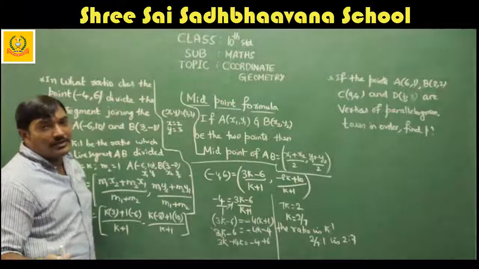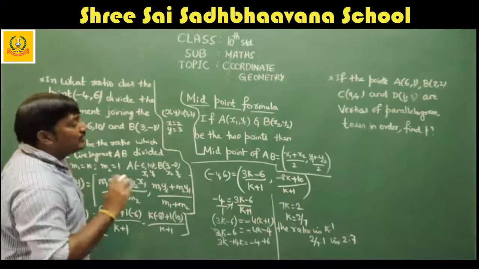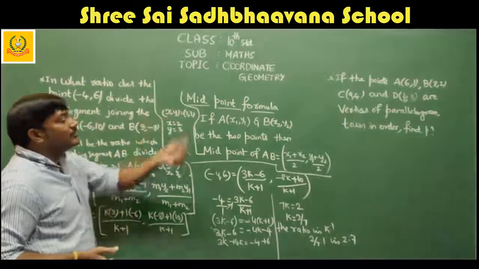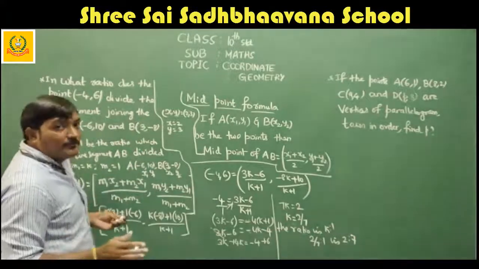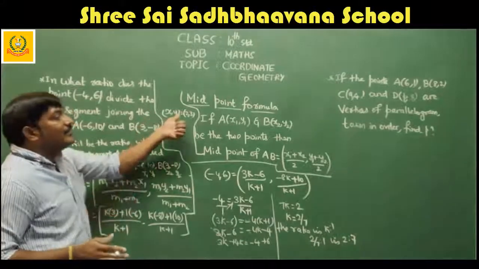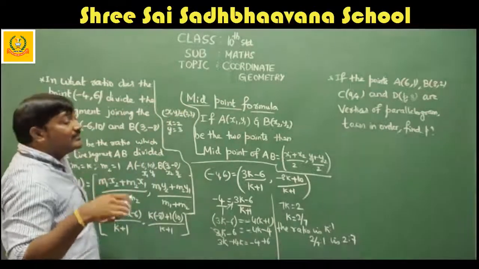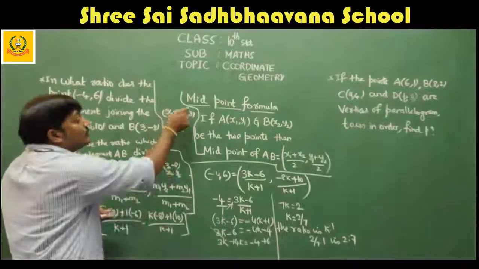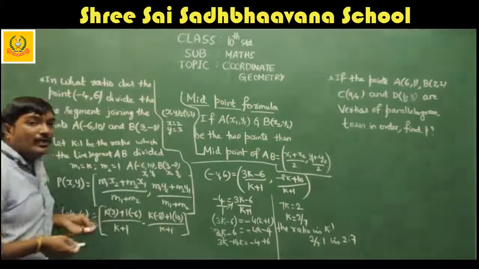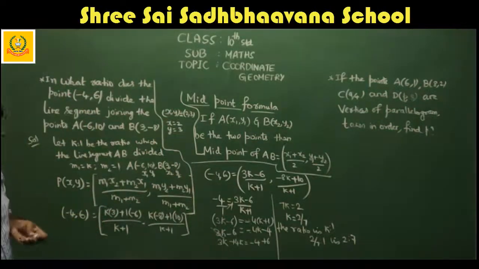So y should be equal to 3. Got it? If these two points are equal, obviously the corresponding coordinates are also equal. Then only is there meaning for this equality. As I said, you may make the mistake of equating x to 3 and y to 2, that is completely wrong. We have to go with corresponding elements only.